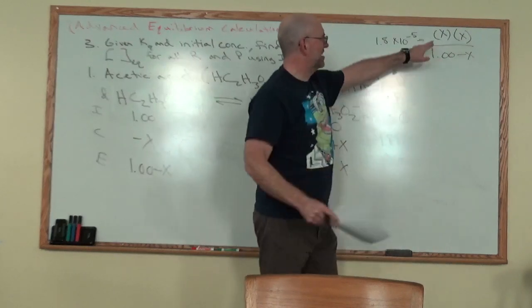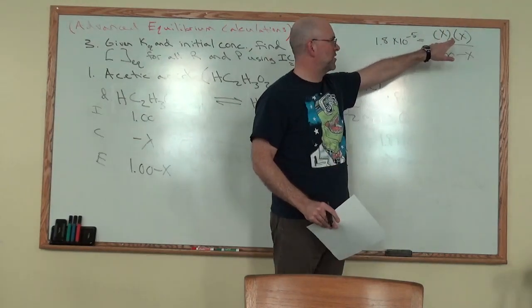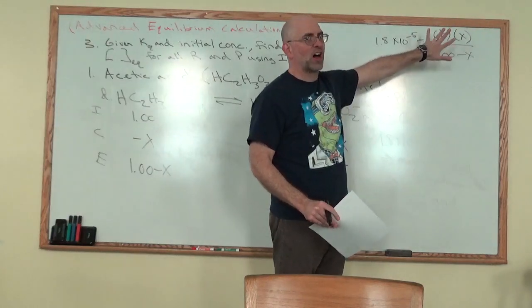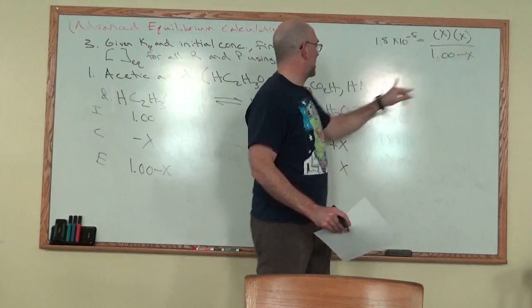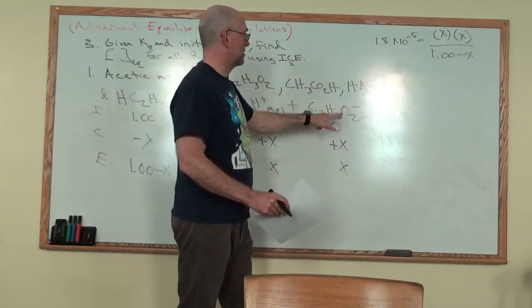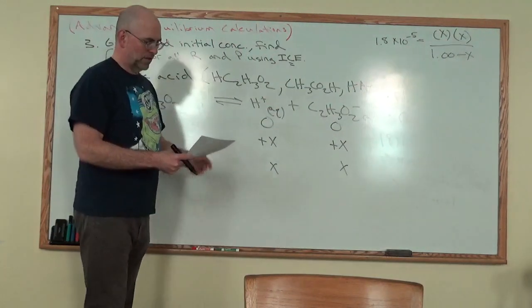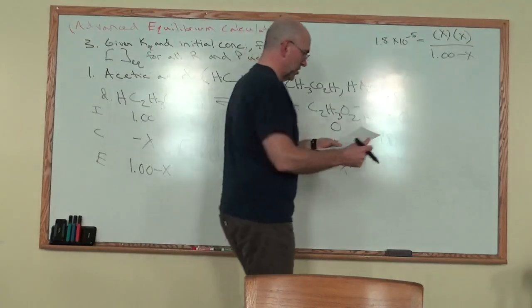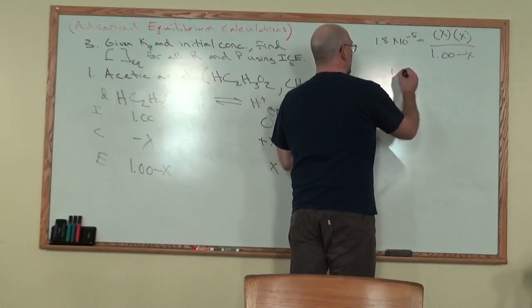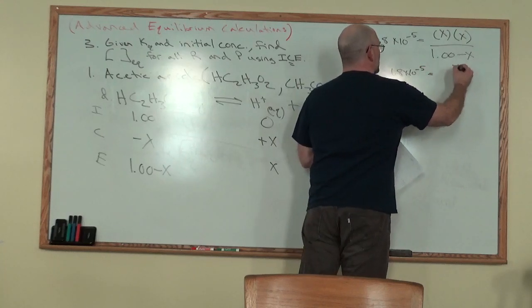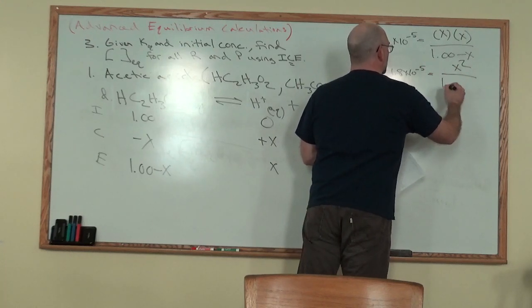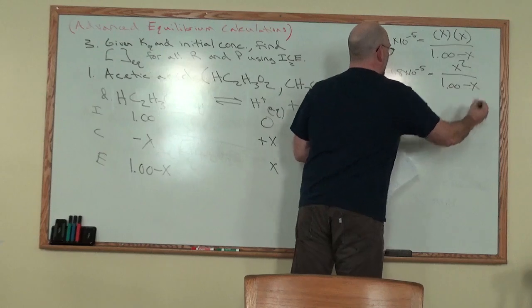You know what? Putting the parentheses here might be confusing, because before we put parentheses for non-equilibrium conditions. All I'm doing is putting the parentheses there just to separate these two terms. Okay, so that's going to be equal to 1.8 times 10 to the minus 5 equals x squared over 1.00 minus x.